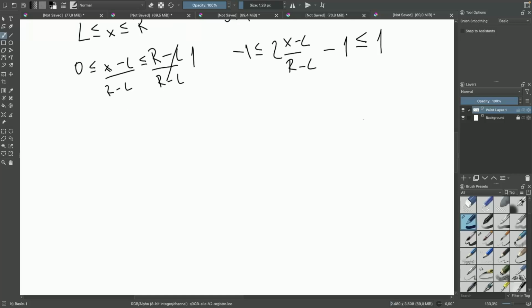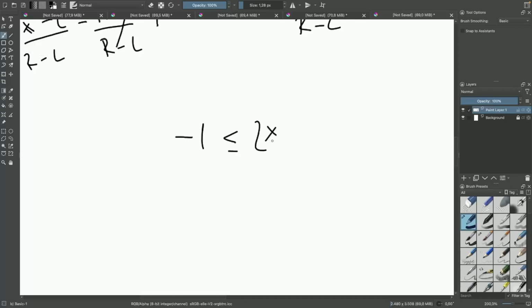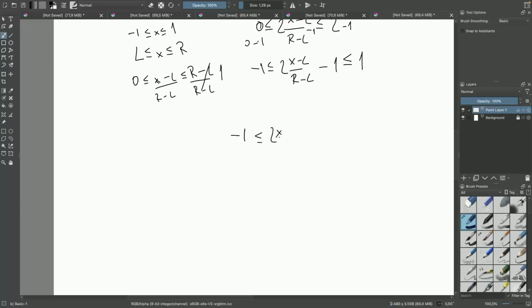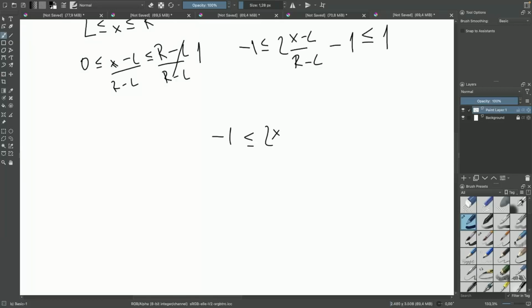Let's see further. What we can do is rewrite this up as well. Right minus L. But we can rewrite this one as right minus left side, right minus left side, right? This is just 1.